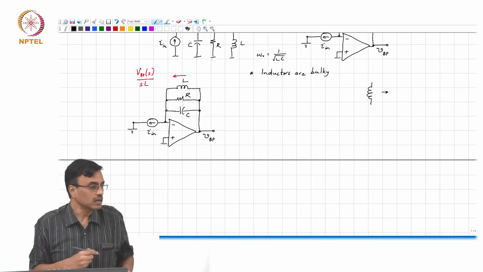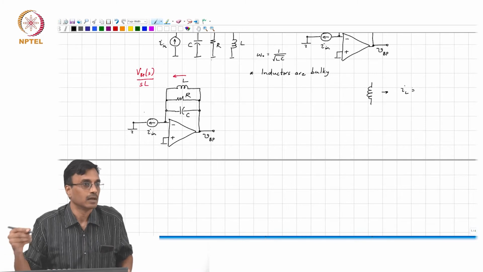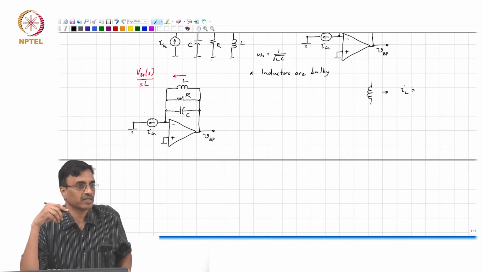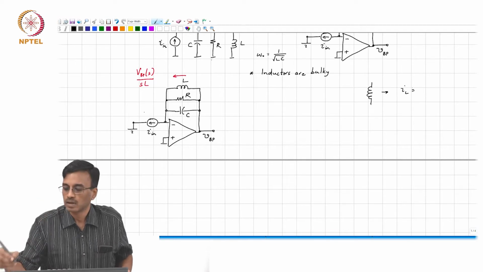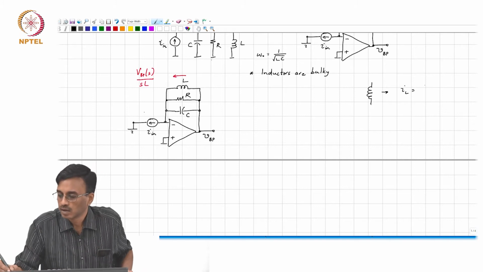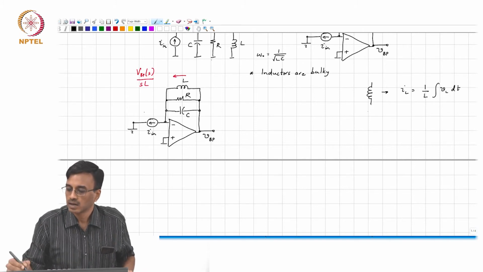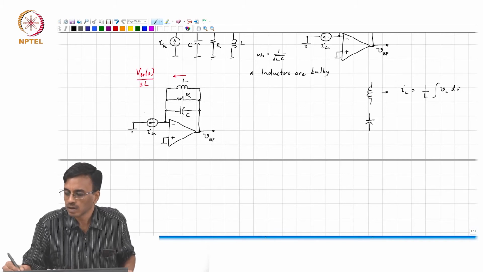So I'd like to draw your attention to the following. In an inductor, how is the current related to the voltage across the inductor? How is IL related to VL? 1 by L integral VL dt, right? What about a capacitor?